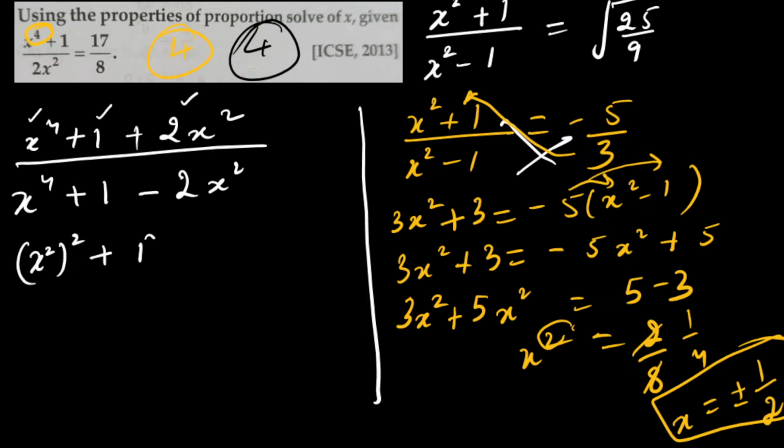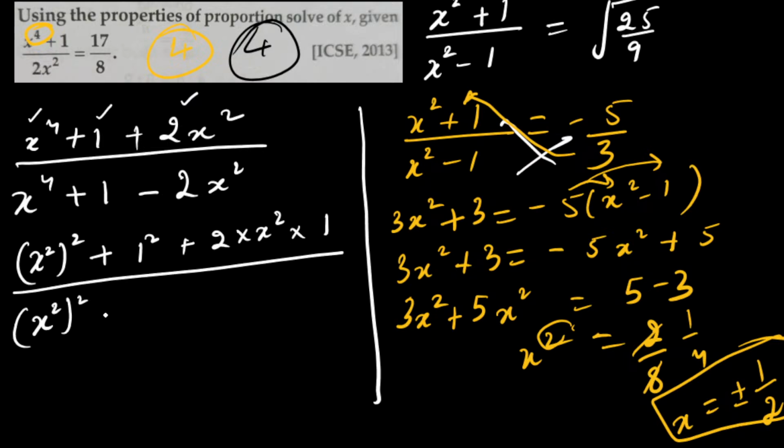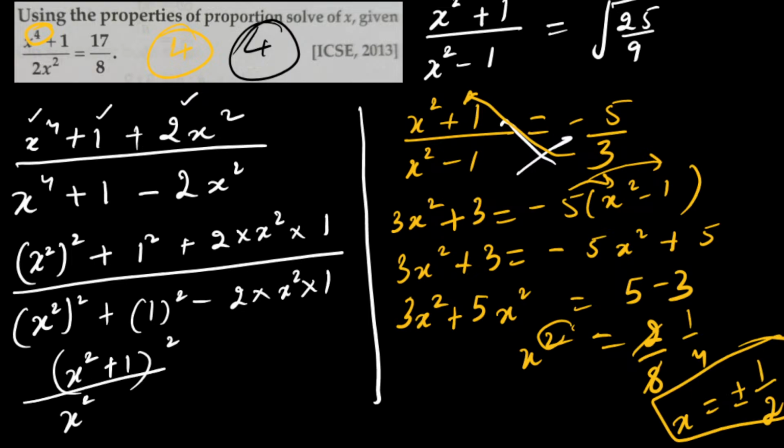The same type of expression we have at the denominator also: a square plus b square minus 2ab. Now a square plus b square plus 2ab is a plus b's whole square, and this is a minus b's whole square. So is it clear now how we got this? Shreyasi, you had this doubt. Is your doubt clear now?